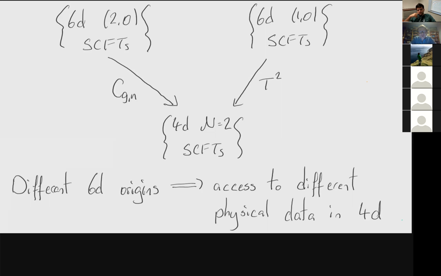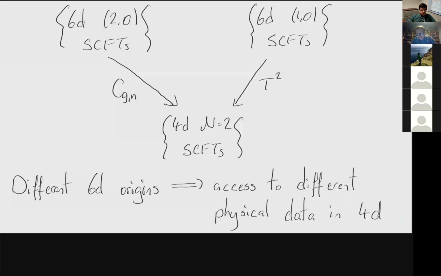Are there theories which have an origin as a 6D (2,0) theory on a Riemann surface and as a 6D (1,0) theory on a torus? So this is an interesting question. Just in theory, why do certain theories have 2 parents in this way and why not?